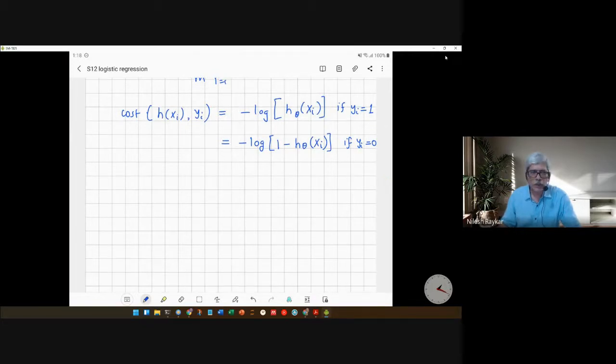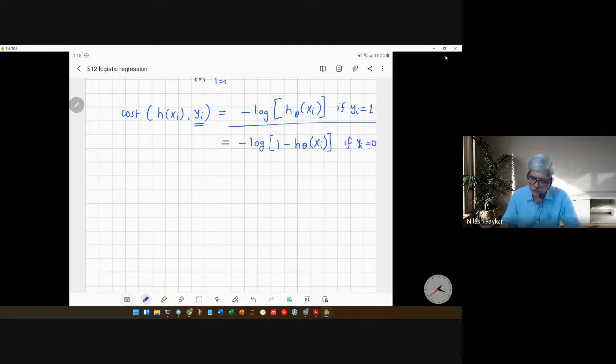It looks a bit complicated, but let's understand what it is doing. This is not a continuous function. The function depends on the value of the label. For every sample, the label value will be different, and depending on the value of the label, the function takes different forms.